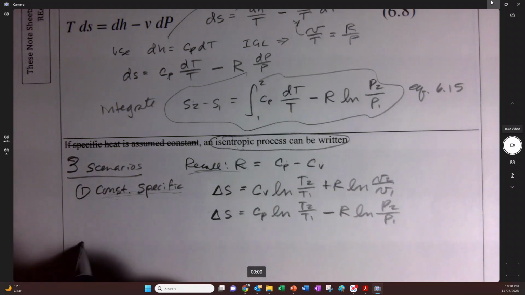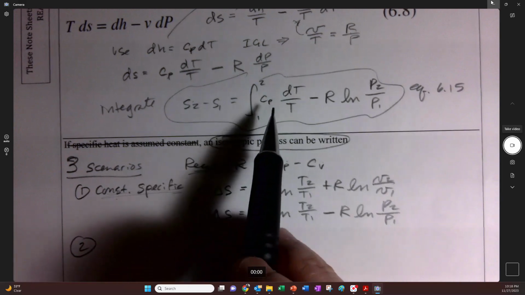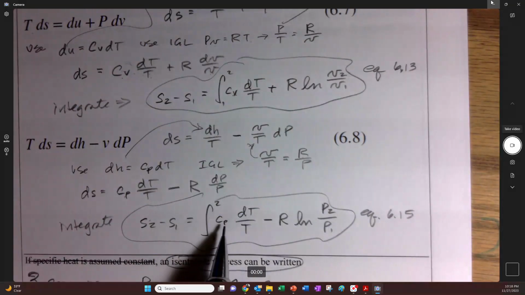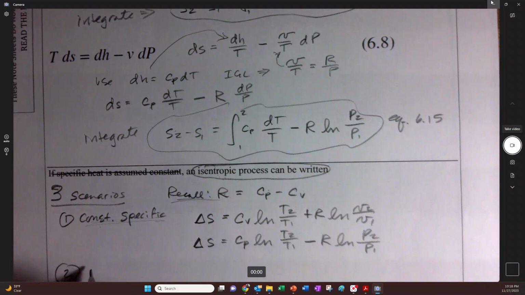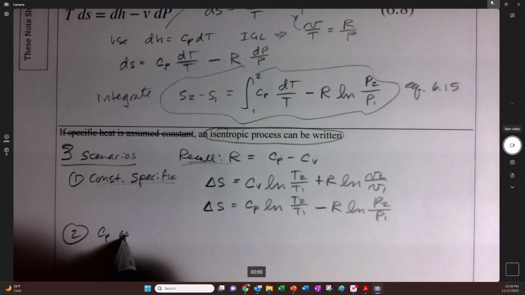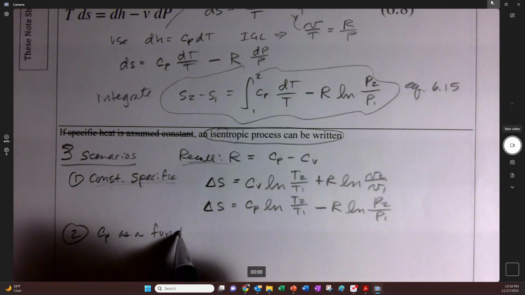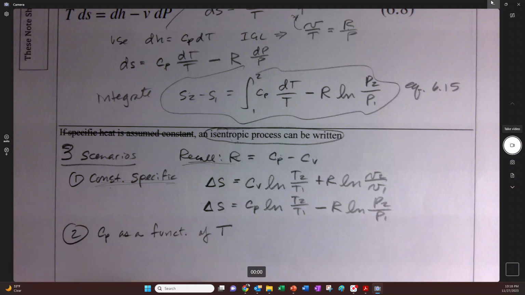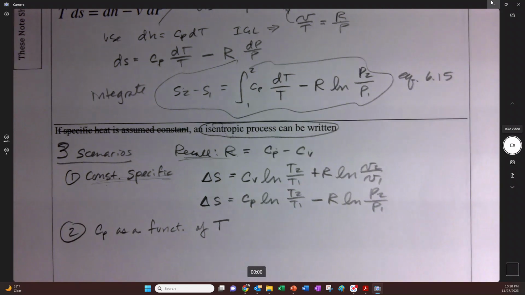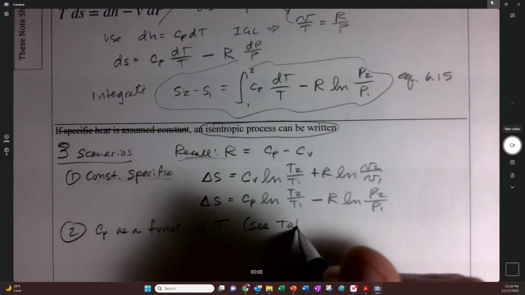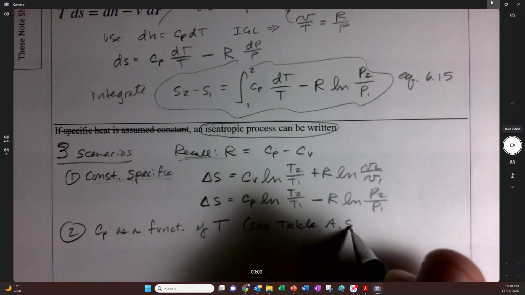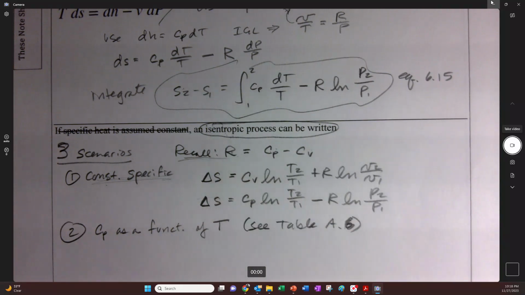A second way to do it is that now instead of having it constant, we can have Cp or Cv, and I'll just use Cp, as a function of T. And where do we have that? Well, it's actually available in table A.6. And so I will remind you that's there.